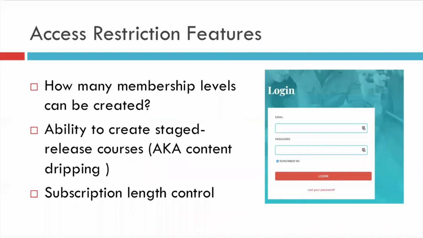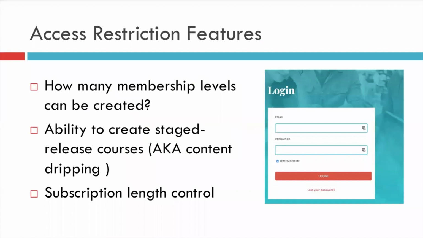So I'm just going to quickly walk through features that you should look for in more detail, in regards to each of those categories that I've just discussed. So one question is, how many membership levels can be created?